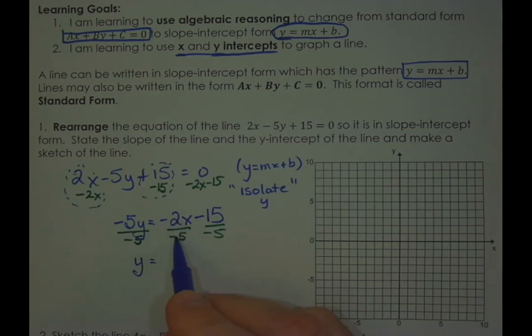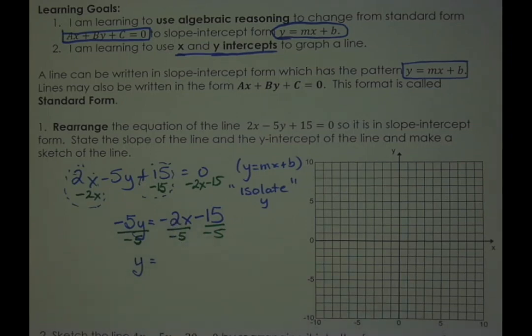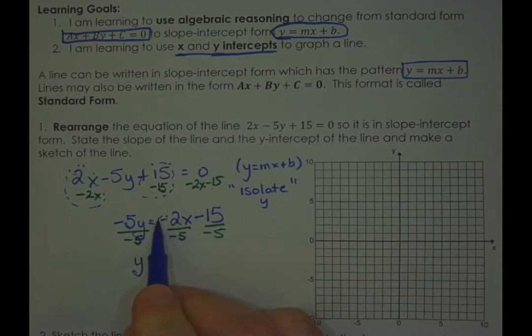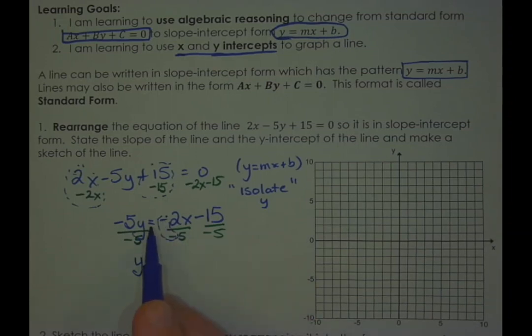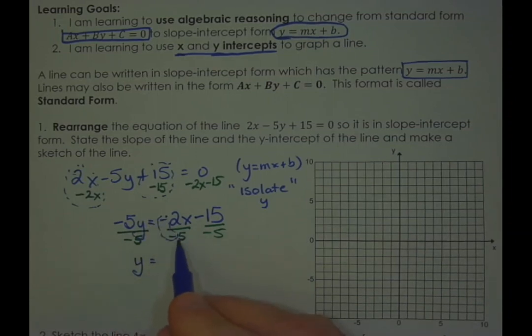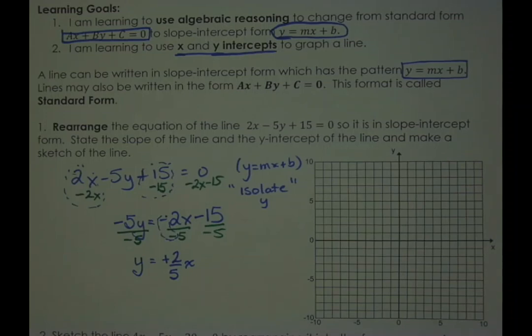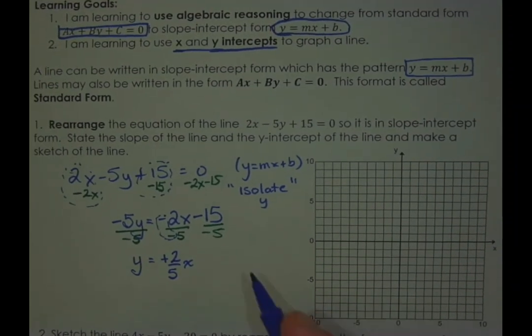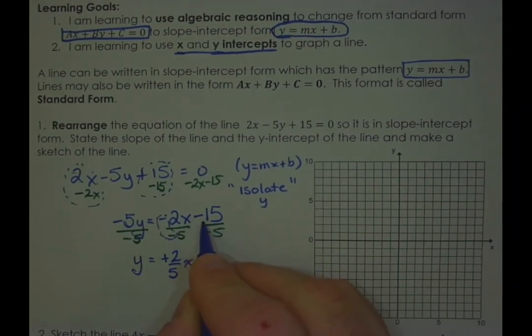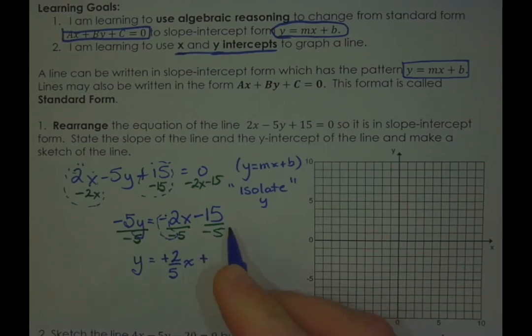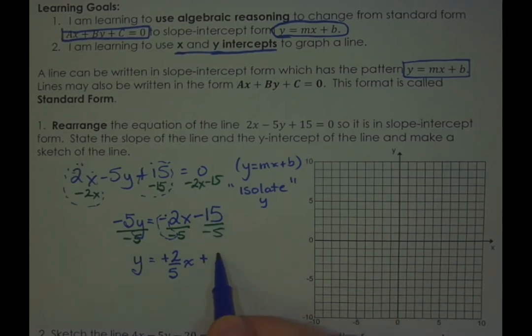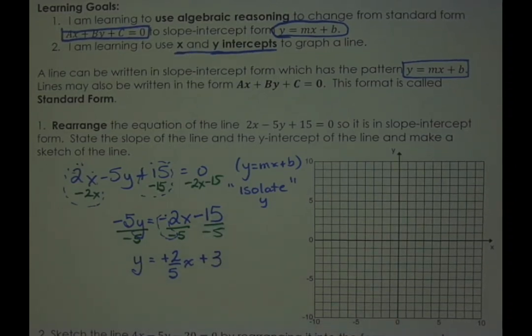Well, negative 2 divided by negative 5, that's not nice. But we know our operations, when dividing two negative signs, that becomes a positive. So we can actually leave this as a fraction, 2/5 x, and we know that negative divided by negative is a positive. 15 divided by 5, okay, that's nice.